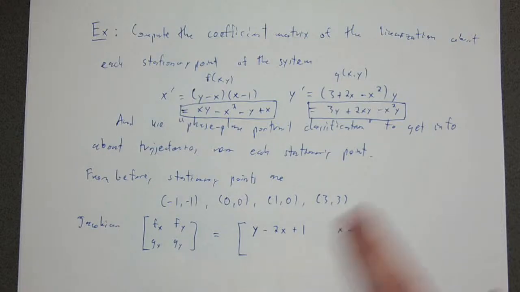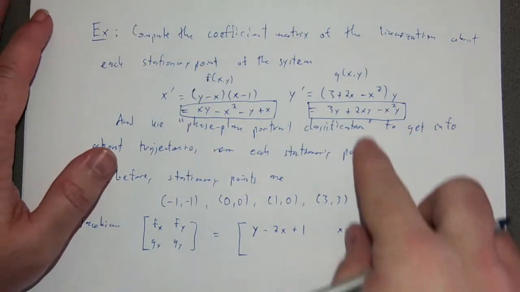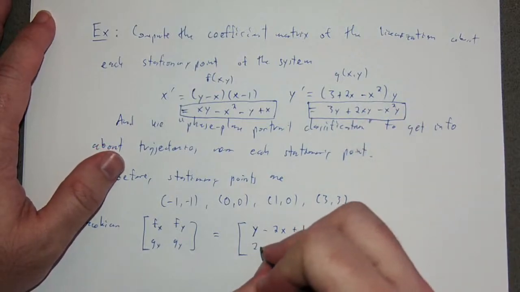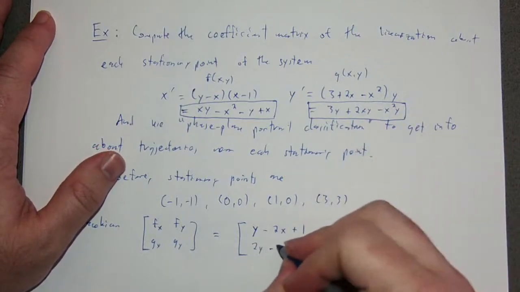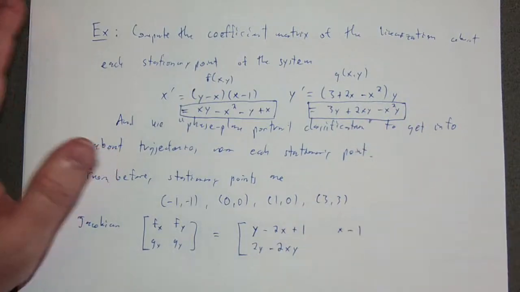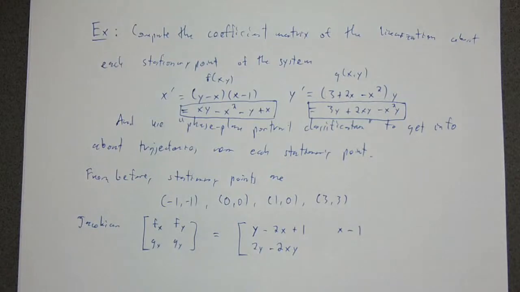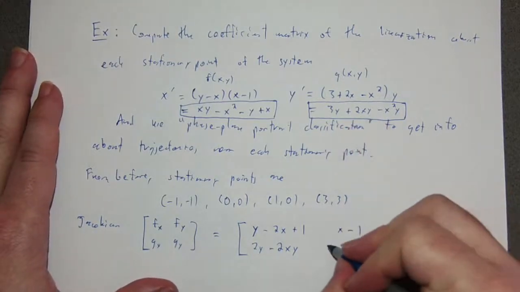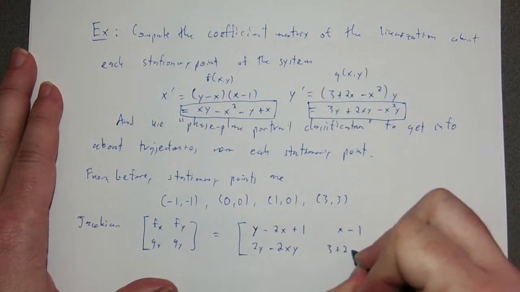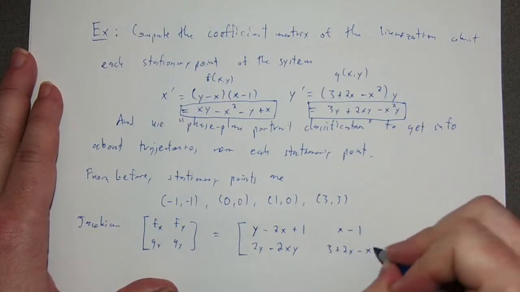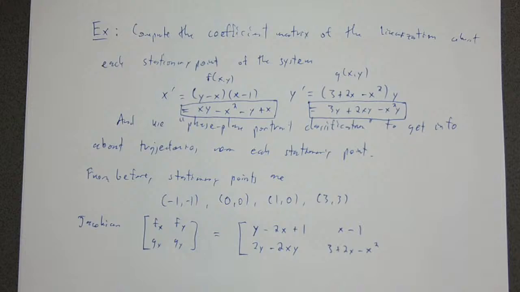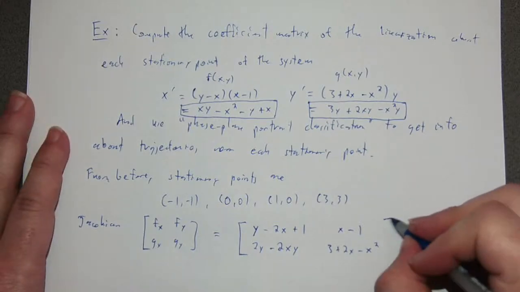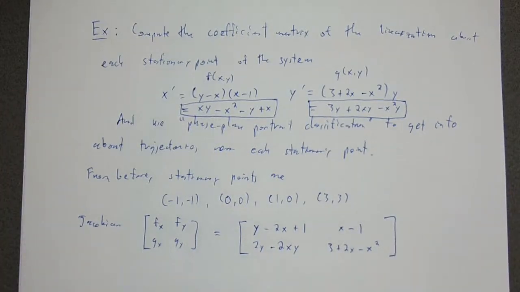The x partial of g is going to be 2y minus 2xy. And the y partial of g is going to be 3 plus 2x minus x squared. So there's my Jacobian matrix.